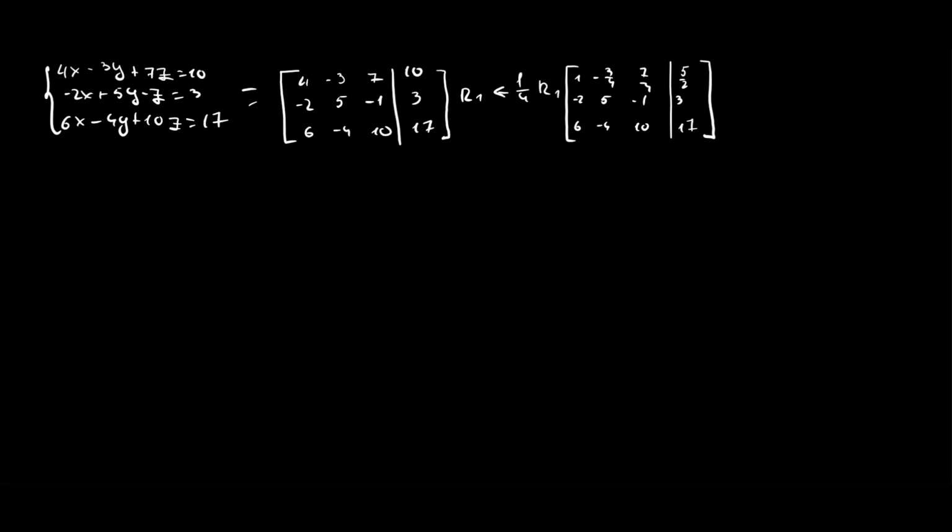Awesome. So our pivot number is 1. And now let's transform all of the numbers below into 0. So we're just gonna subtract row 1 from row 2 and row 3. Well, in the case of row 2, we actually have to add row 1.